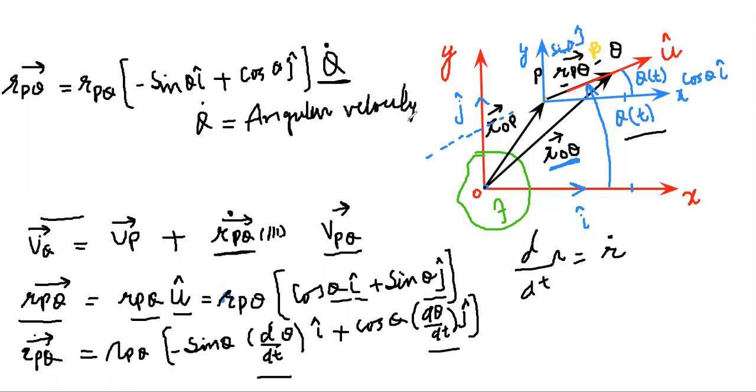It is the rate of change of the angle subtended by this rpq vector with the x-axis.